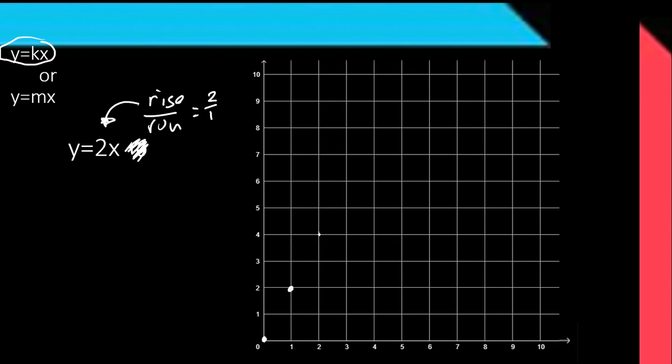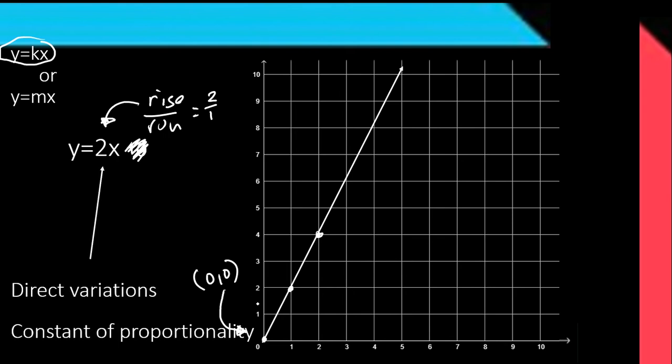Rise by 2, run by 1. And that is my direct variation graph. So that's the first thing to be aware of. It intersects the graph at the origin, which is 0, 0. And then just to be aware, the actual k in this example, we can call it direct variation or the constant of proportionality.